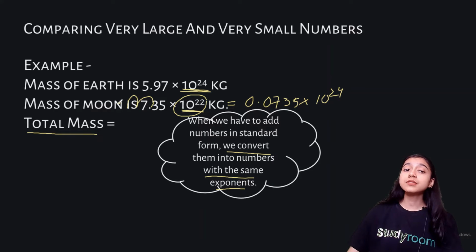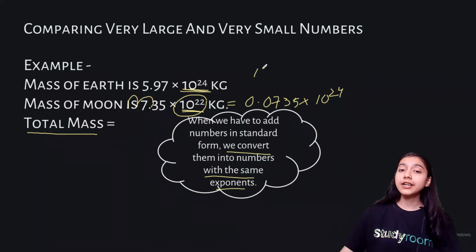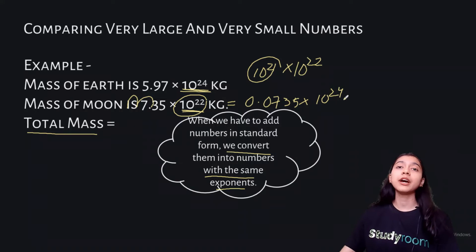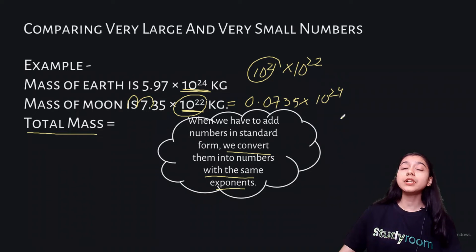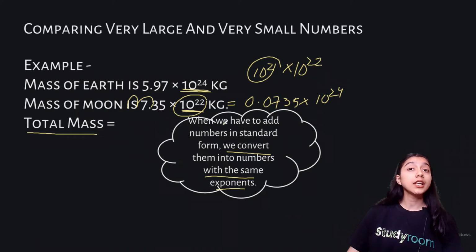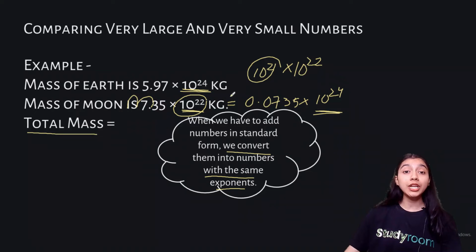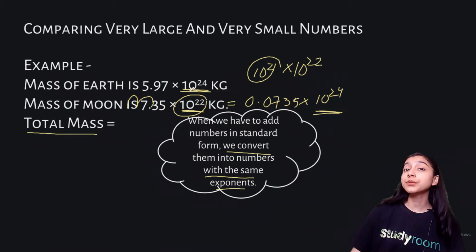When we shift this decimal 2 places towards the left, this quantity becomes 0.0735, and so I'll have a 10 to the power of 2. When this 10 to the power 2 gets multiplied with 10 to the power of 22, the exponents get added up. So we have 10 to the power 22 plus 2, that is 10 to the power 24. This is the simple conversion of this quantity into a standard form where the exponent part is the same as the exponent part of the mass of the earth.